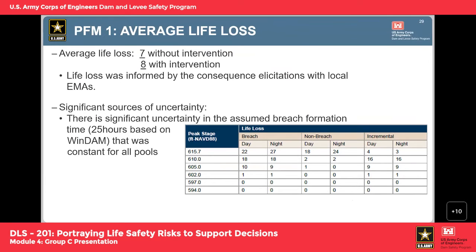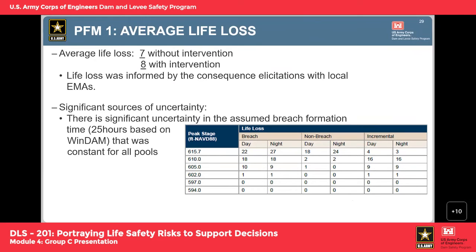Generally speaking, we were thinking that varying the breach formation time, as well as when the breach started to form, could be worth doing to understand how that sensitivity performs. But the end answer we kept coming back to was that the spillway breach size seems to be relatively limited, so we didn't think the consequences would be very sensitive to breach formation time and when the trigger occurs.